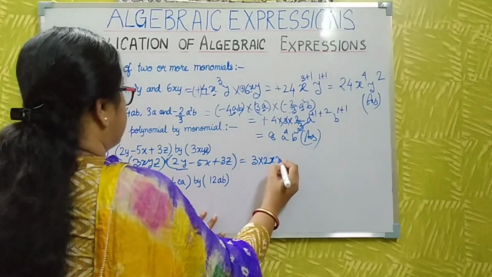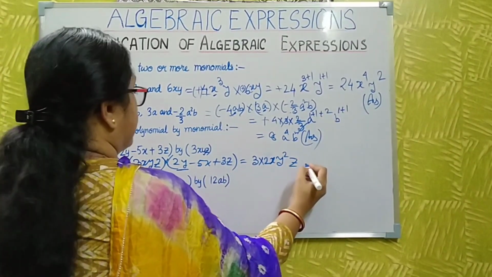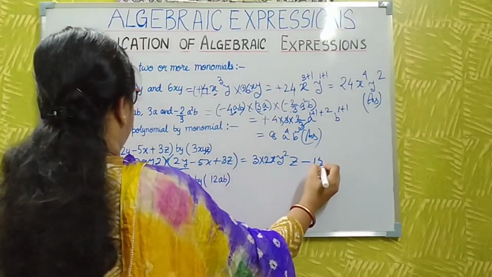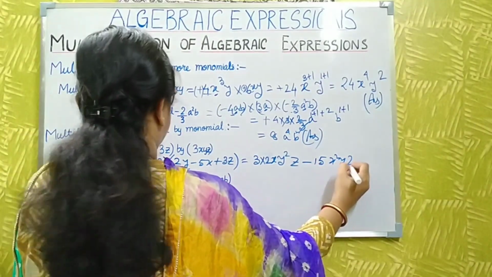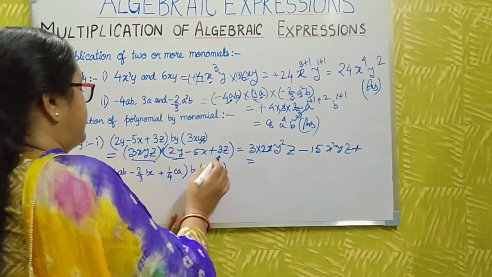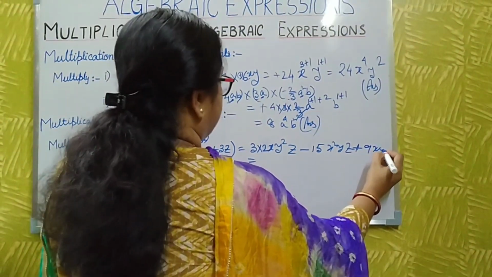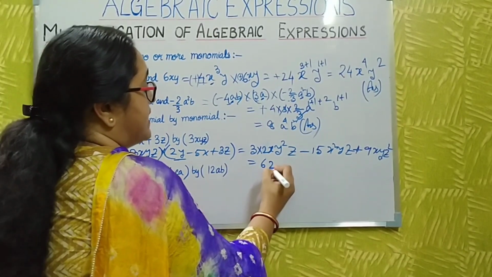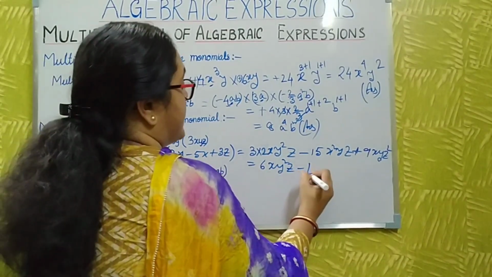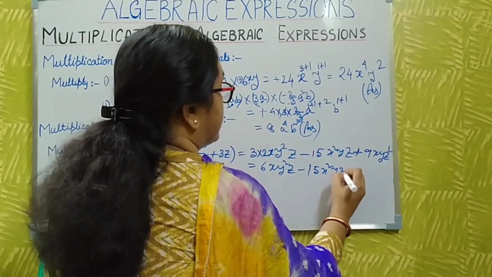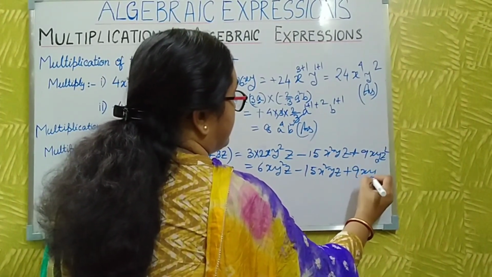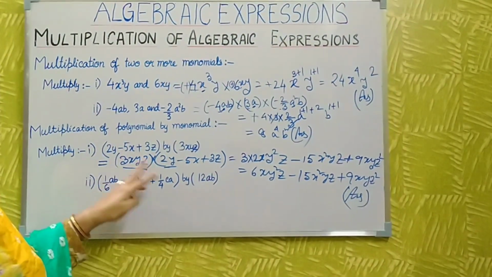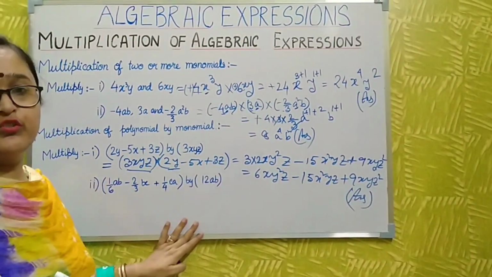Then you put x, then y square, then z. Then put the negative sign. Then 5 3s are 15, then x square y z. Now 3 3s are 9, x y z square. Then the answer will be 6x y square z minus 15 x square y z plus 9x y z square. This is the answer of the multiplication of a monomial by a polynomial.